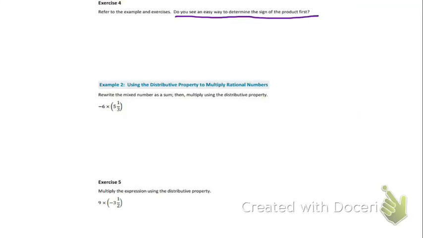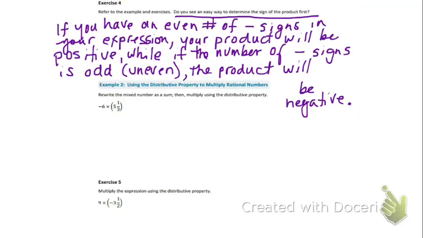Like I had shown you, if you have an even number of negative signs, you will have a positive product, and if you have an odd number of negative signs, you will have a negative product. Hopefully you've seen that, and maybe you could even write that down here. Maybe I'll write it down and then I'll come back.